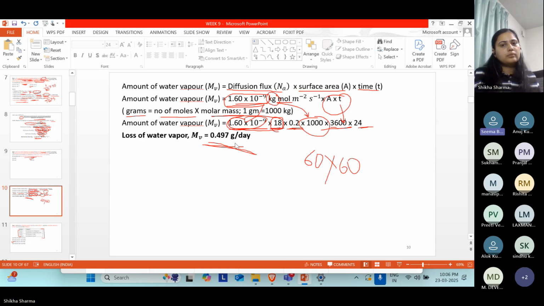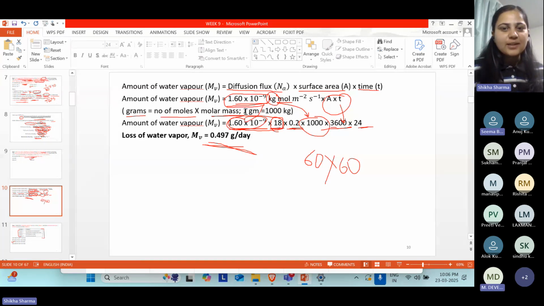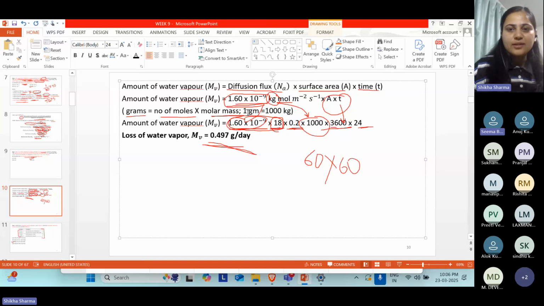Okay, but we are converting from kg to gram, no? 1 kg is equal to 1000 grams should be written. Yes, yes. Okay, I get that. I'm so sorry, that's my mistake, a typing error. That's okay, ma'am. I got confused because of this, that's why I asked. I'm so sorry you are confused because of me.